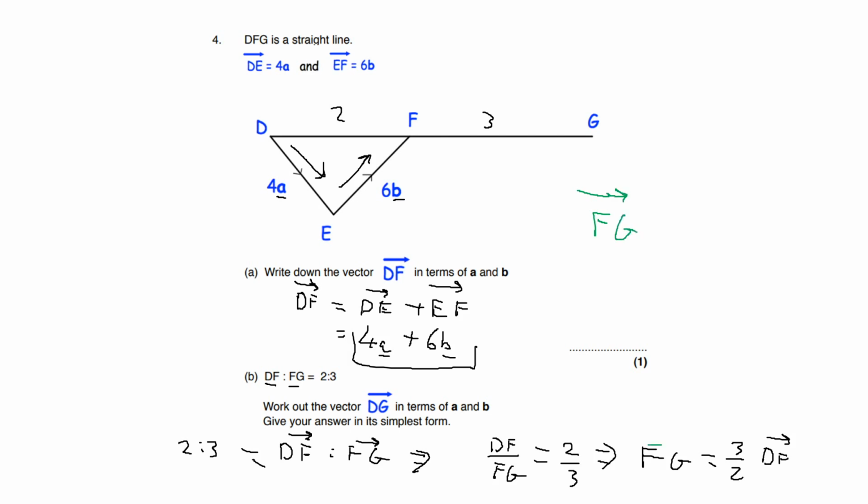FG is going to be 3 over 2 times (4a plus 6b). 3 over 2 times 4 is 6, and 3 over 2 times 6 is going to be 9. So our final answer is 6a plus 9b.